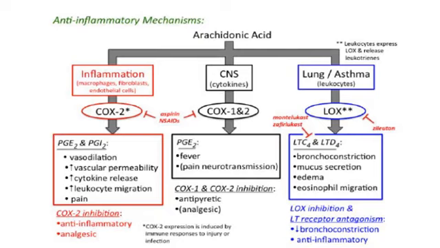Now, prostaglandins inside the CNS mainly result in fever and perception of pain. So the increase in prostaglandin E2 inside the CNS will result in fever and pain.